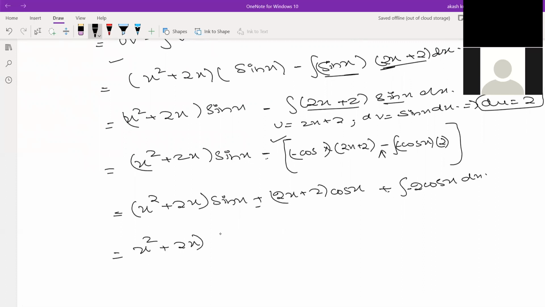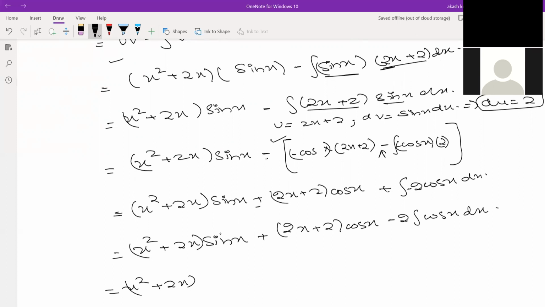x squared plus 2x sin x plus 2x plus 2 cos x, and taking minus 2 common because that is a constant, inside is left cos x dx. So in x squared plus 2x sin x plus 2x plus 2 cos x minus 2, the integral of cos x is sin x plus c.